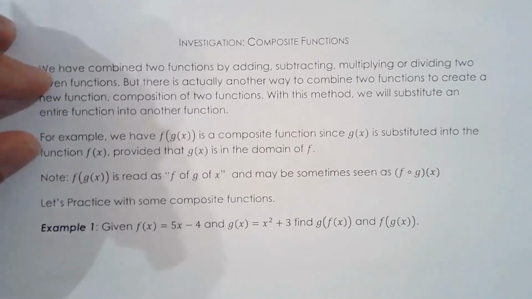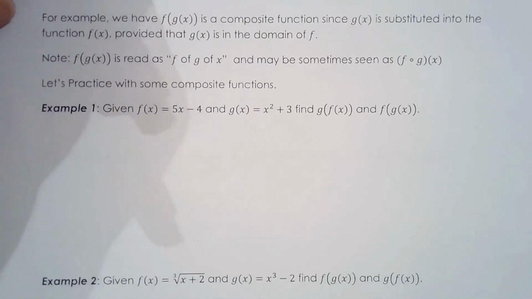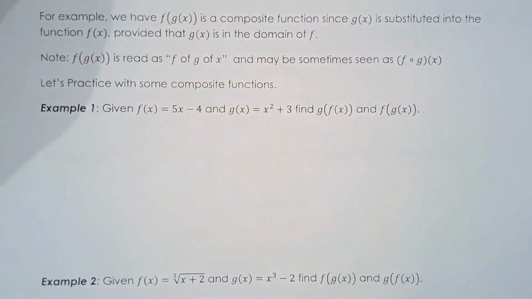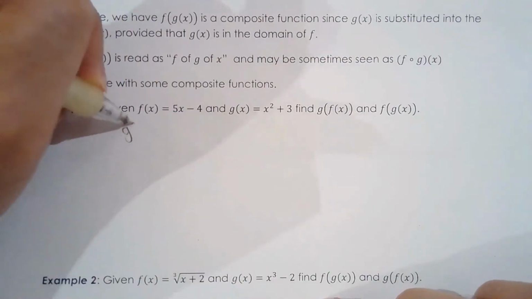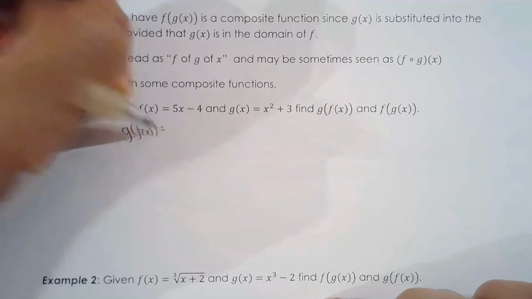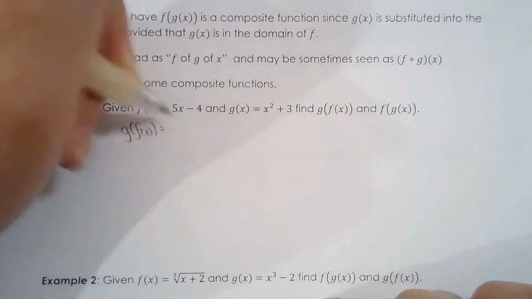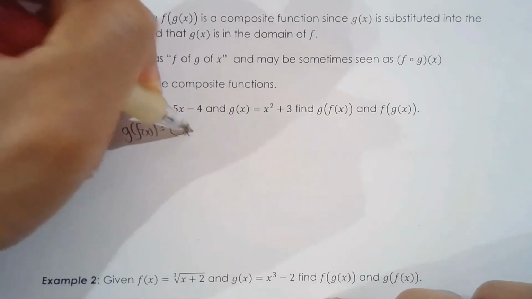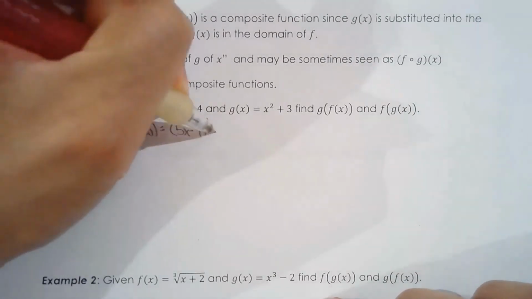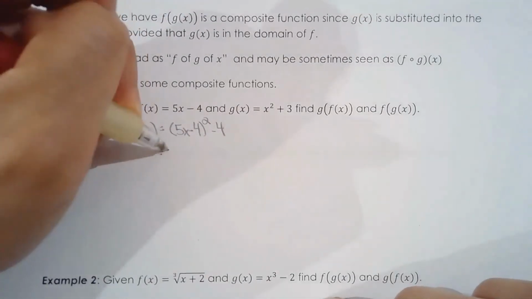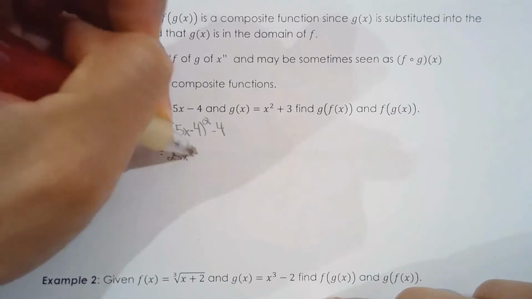So let's start off with something pretty straightforward. For example 1, I give you f of x, I give you g of x, and I ask you to find g of f of x and f of g of x. Let's find g of f of x first. I take my function g, and every time I see x, I replace it with f of x, which in this case is 5x minus 4. Then I just expand and simplify, so perfect square trinomial.